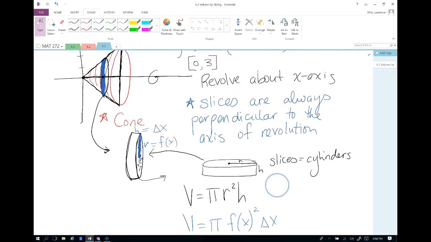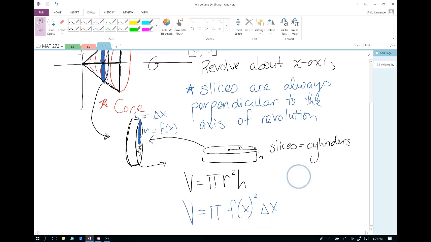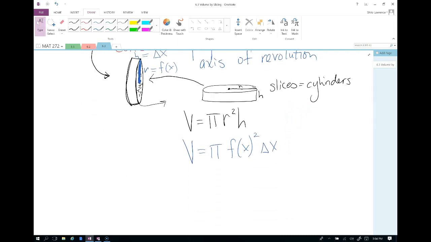Now, we'll get the volume of the whole entire solid if we split the entire solid up into lots and lots and lots of tiny disks and find all of their volumes individually and then add them all back together. And that's exactly what an integral does for us. An integral says along the interval from a to b, we're going to separate it out into lots and lots of subintervals with length delta x.